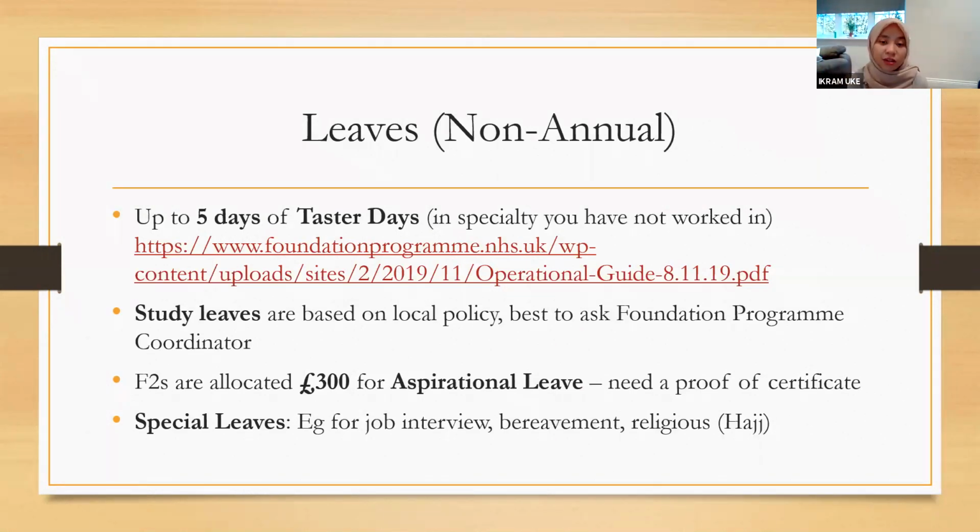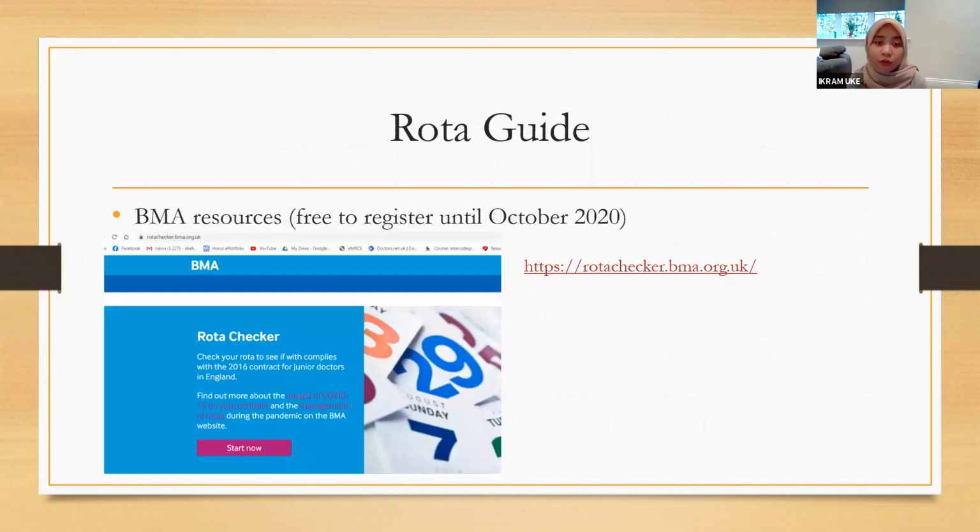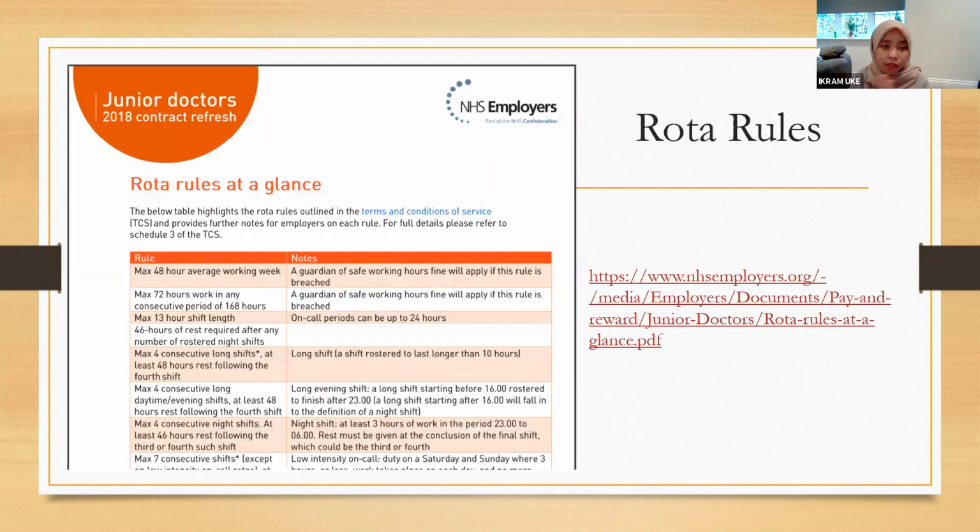And then there's the rota guide. If you find yourself overworking, you might just check if it's compliant with the junior doctor rota guide. That's just a glance of the rota rules.